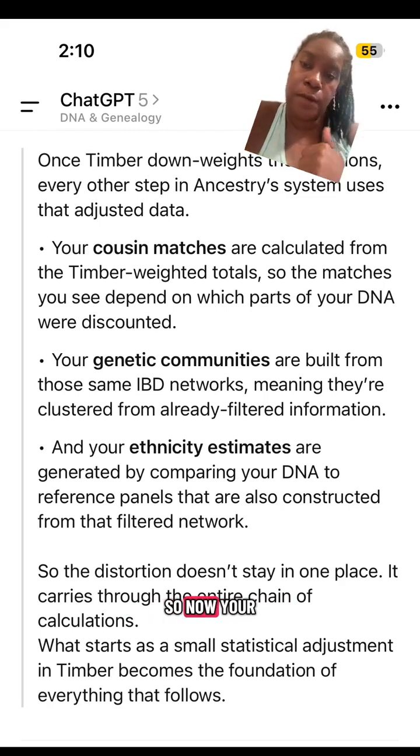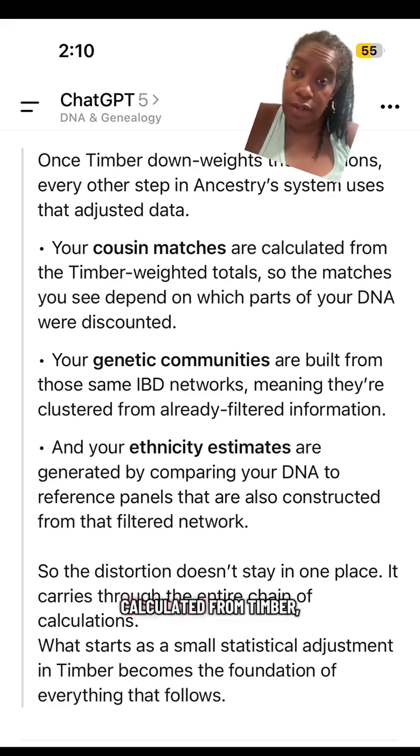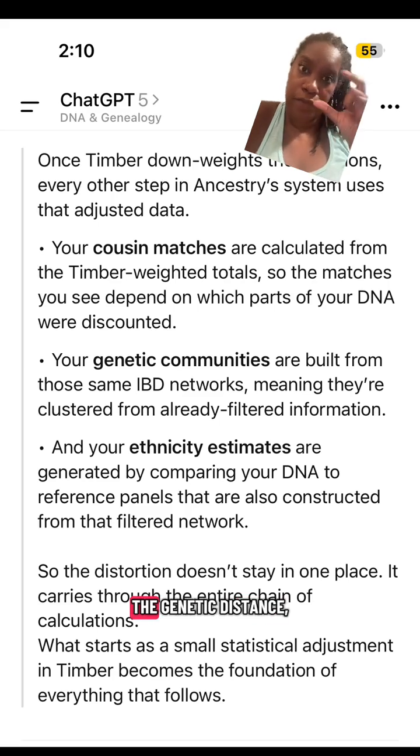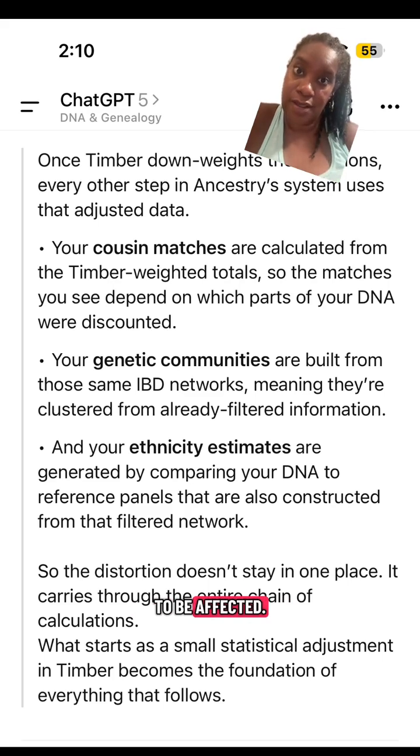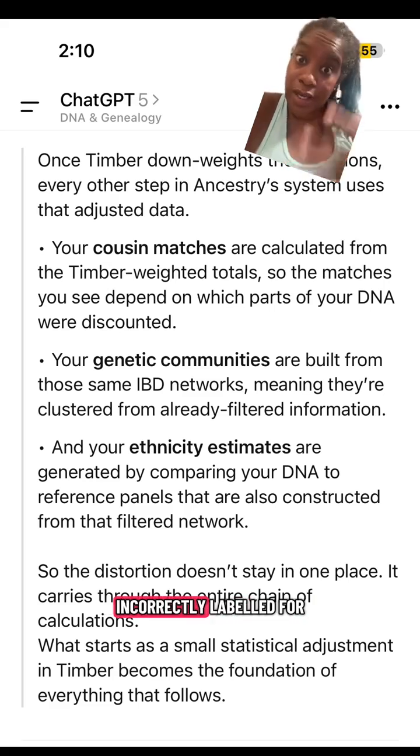So now your cousin matches, since those are calculated from Timber, you're going to only see certain people. Maybe other people have now been removed, or the genetic distance, how much you actually share with them, is going to be affected. So the order of close cousin matches to more distant cousin matches, people might be incorrectly labeled.